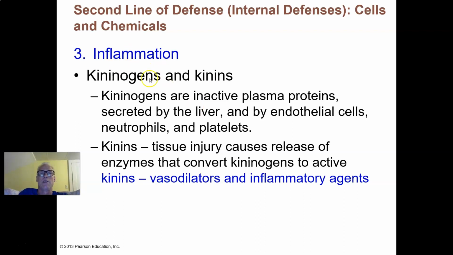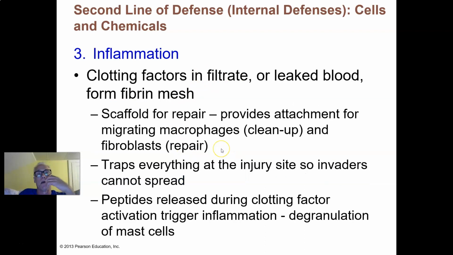So kininogens are similar. When there's inflammation, tissue injury, and so forth, activation of phagocytic cells, platelets release their substances. We have enzymes in there that will break open these kininogens and produce active kinins, and kinins are very powerful inflammatory mediators. So they're just an important part of the inflammatory process. Thought you should know about that.